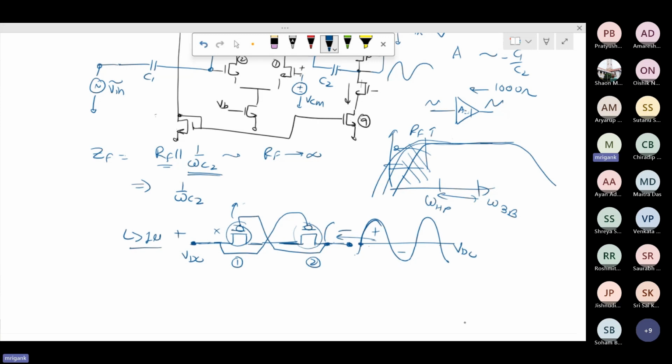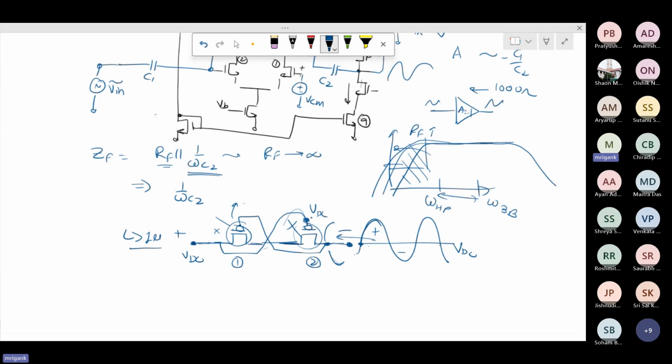And the same thing will happen in the negative cycle. In the negative cycle, this one will be turning on, but this one will turn off. Because in the negative cycle, this signal is going down and the gate signal is up. For M2, this is fixed at VDC, but in this negative cycle, the source signal is going down.